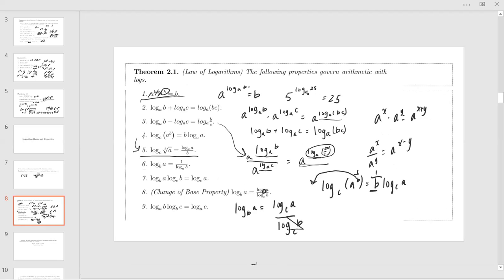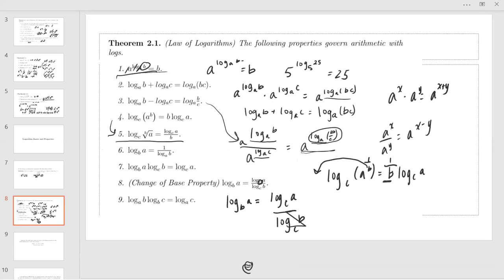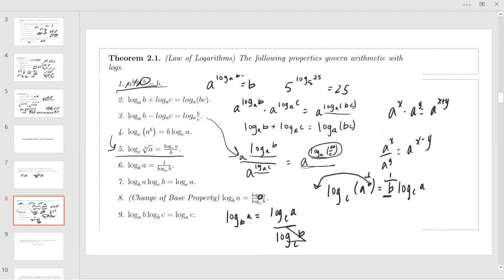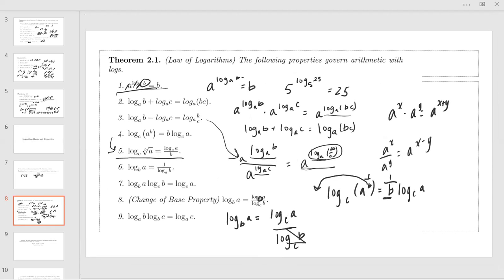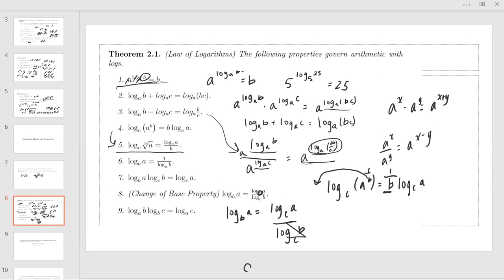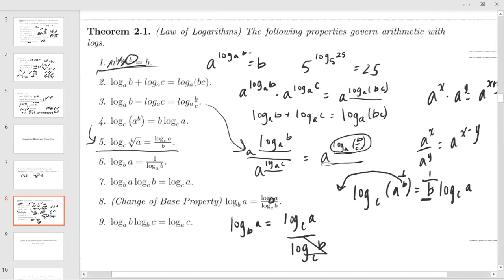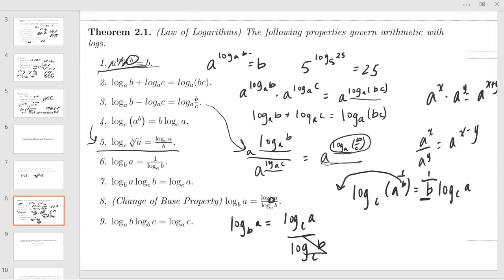So basically we just take this, so that's the change of base property. We'll move on to the next property. Actually, that's just the same as number 7, I think, so we'll skip that one.